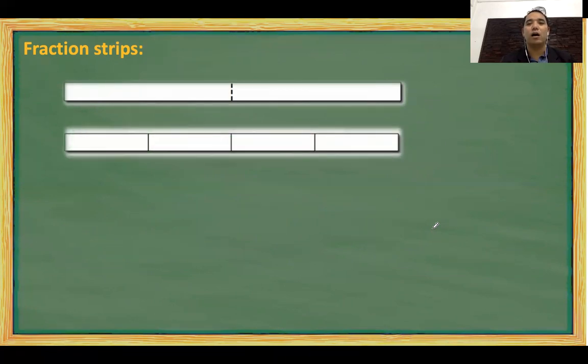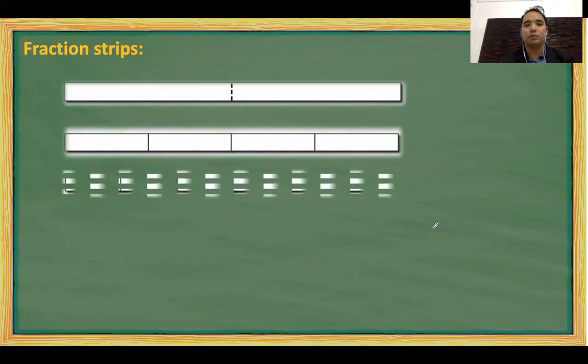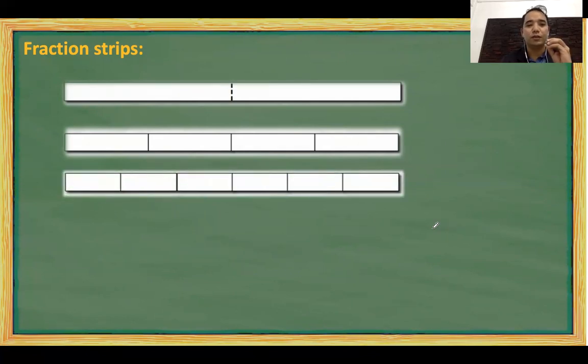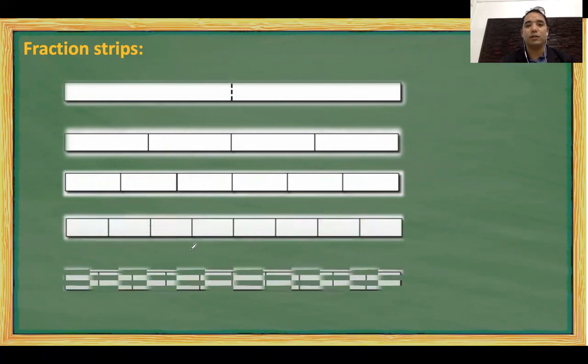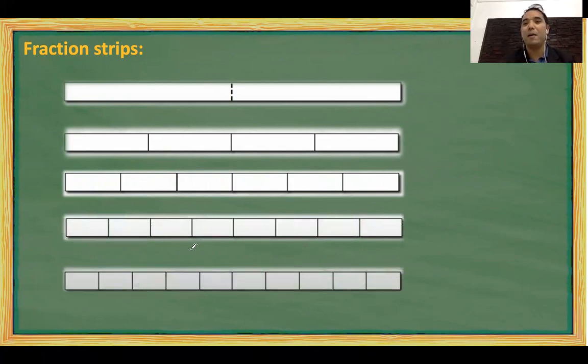Next one, we are going to fold it into 4 parts, 6 parts, then 8 parts, and then 10 parts. So what if we color the half of it?